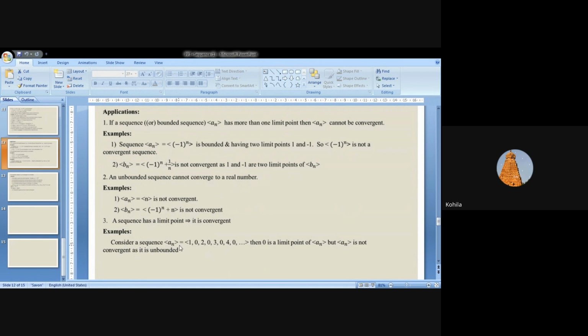This is the example for the above statement. That's a limit point 0. But it is not convergent because it is an unbounded sequence. 1, 0, 2, next 0, next 3, 0, 4, 0, next 5, then again 0.